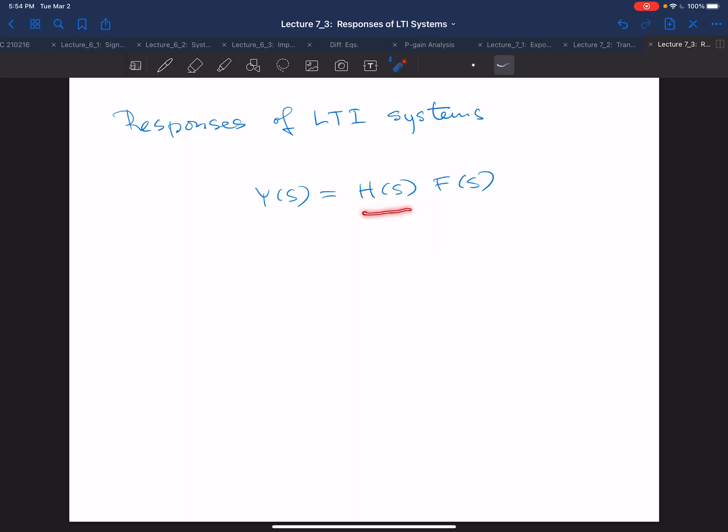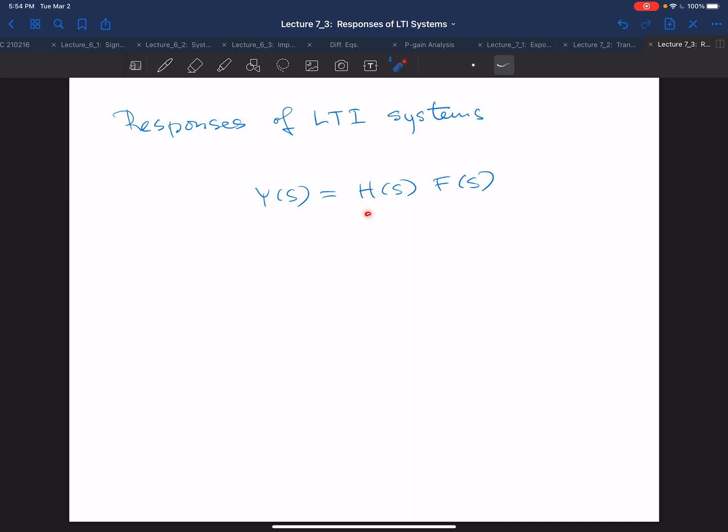We know that the transfer function is by definition the transform of the impulse response. That is the zero state response to a unit impulse function. And we can see again from this equation that if f(t) is a unit impulse, then F(s) will be 1. So H(s) will be the transform of the response of the system.